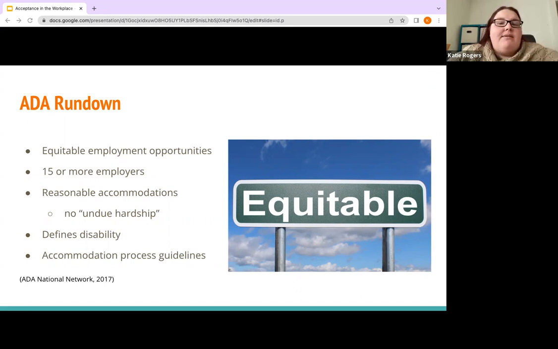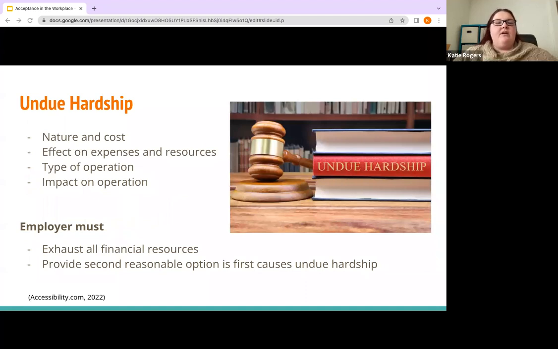A reasonable accommodation is a change that accommodates employees with disabilities so they can do the job without causing the employer undue hardship, which is defined on the next slide as too much difficulty or too much expense. And the ADA defines disability, establishes guidelines for the reasonable accommodation process, and outlines guidelines for those processes.